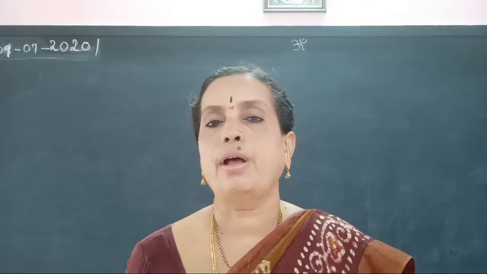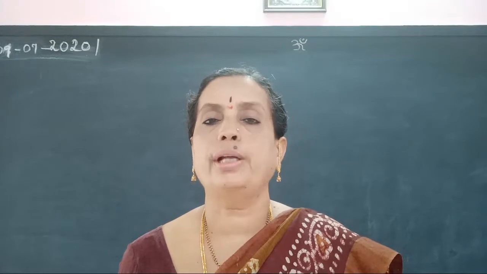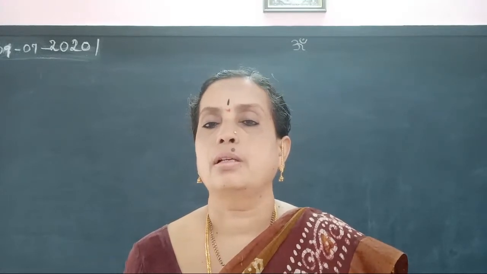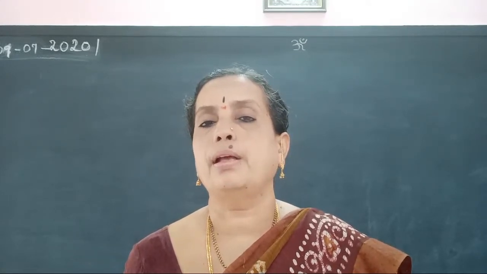So 6.1 and 6.2 together are called linear pair angles.